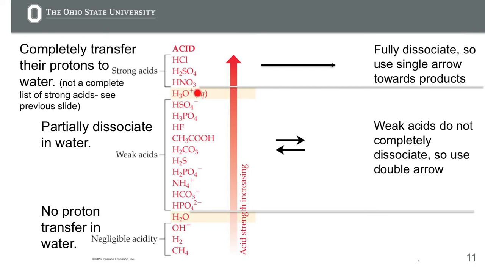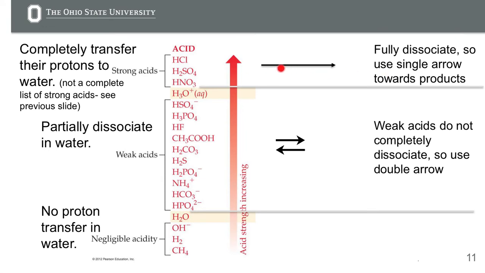This is our hydronium ion. It is fairly strong in terms of its acidity. And then we have a series of weak acids and water, and then some things that can technically transfer protons, but it doesn't happen to any great extent whatsoever.